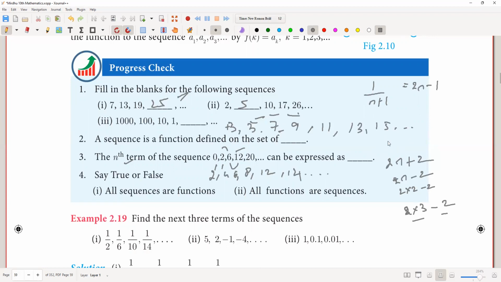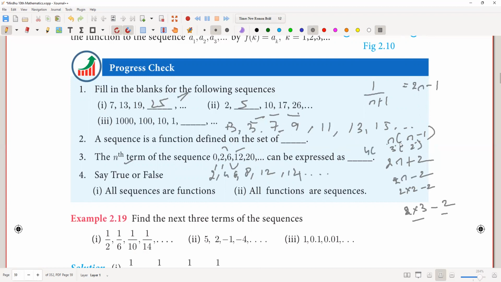You can get it. There should be some sequence, isn't it? What about n into n minus 1? 1 minus 1 is 0, 1 into 0 is 0. If I put 2, 2 into 1, we got 2. If I put 3, 3 into 3 minus 1, 2, we got 6.